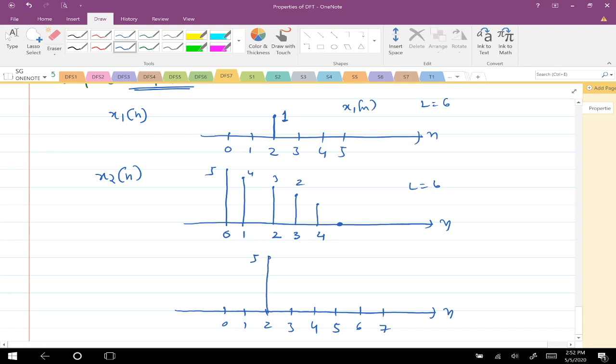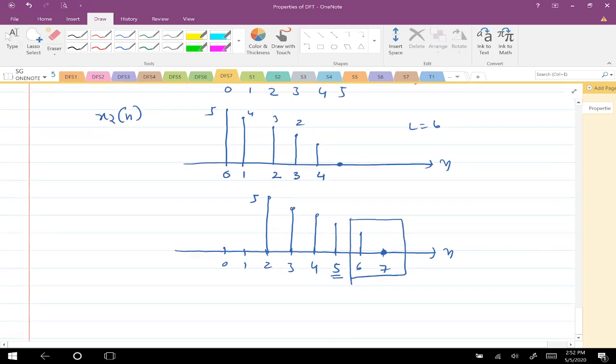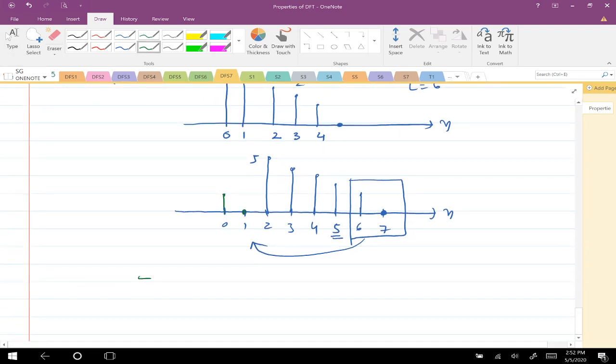So that's 5 4 3 2 1 0. Now this is of length 6 only. So till here this is fine, but this cannot be there, right? And what you do is move it here, which would make it, for example, 1 0. That's the result you would get. Then you just keep from 0 to 5.